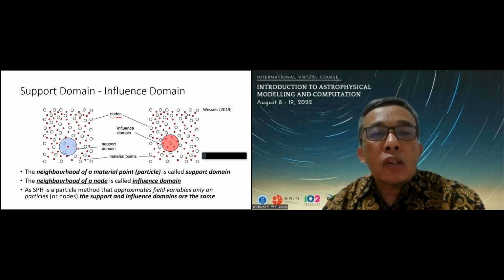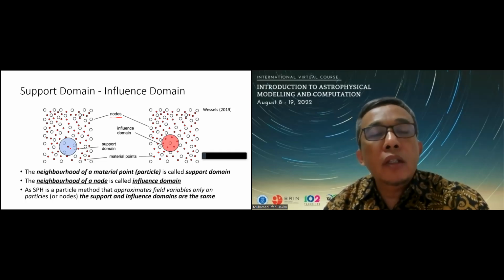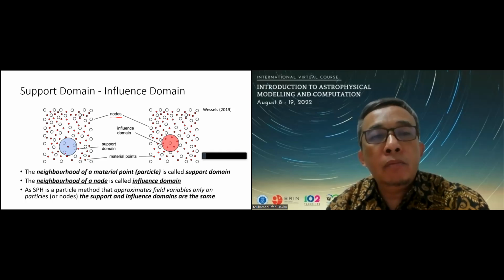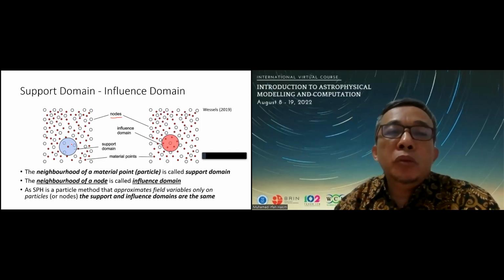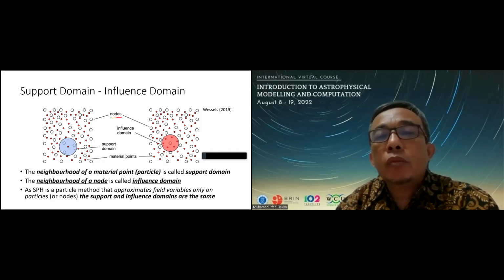If you look at a particle of interest, we could define a circle which defines a domain of particles which have significant contribution to the dynamics of this particle.